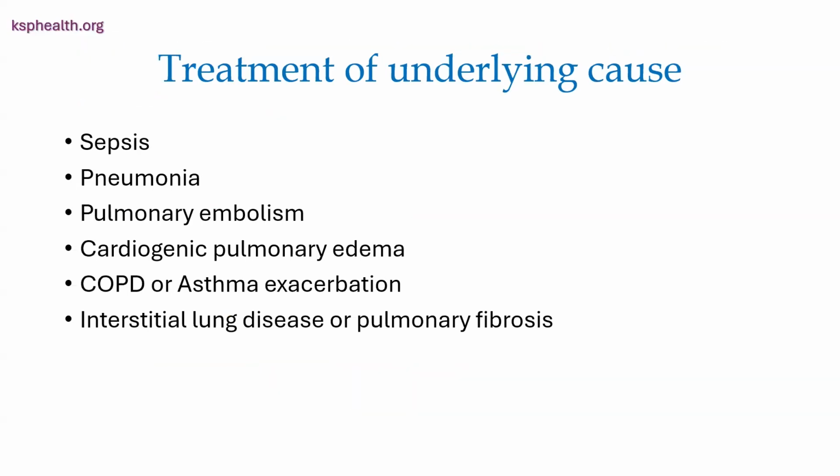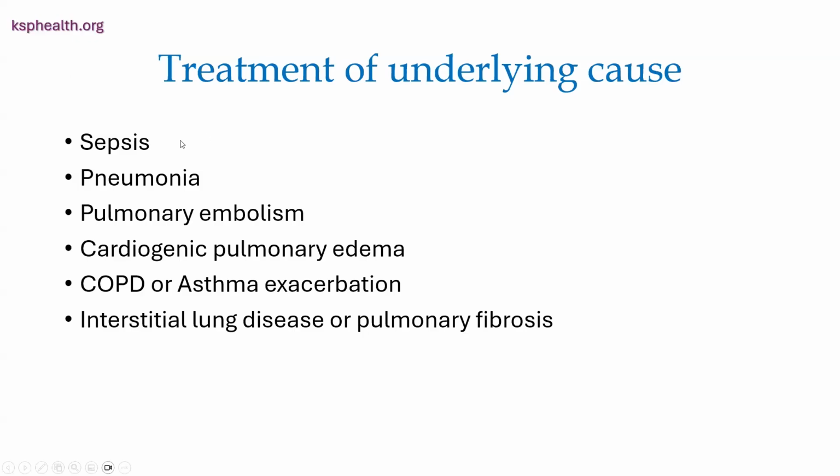Along with lung protective ventilation, the most important thing is treatment of the underlying cause, especially in sepsis. Early fluid management, vasopressor management, and antibiotic management is key in preventing or reducing ARDS, thus improving mortality.